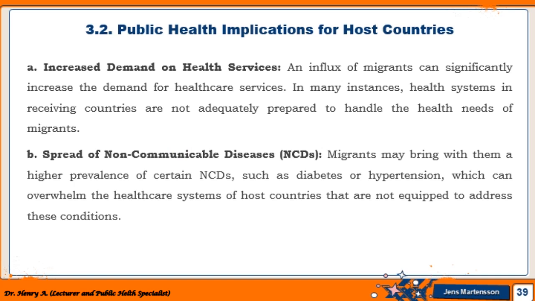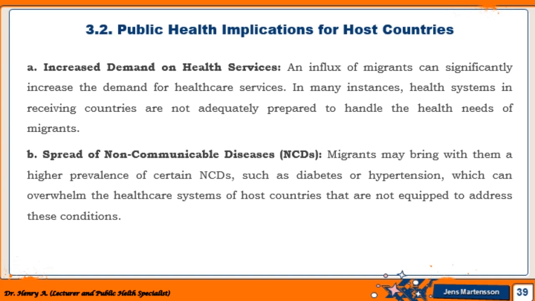Good. So let's look at the next one, which is public health implications for countries. One of the public health implications for countries is increased demand on health services. An influx of migrants can significantly increase the demand for healthcare services, and in many instances, health systems in receiving countries are not adequately prepared to handle the health needs of those migrants because it happens suddenly. They are not yet even fully done in taking care of their own when sudden issues like this happen, and then people migrate in large influx.